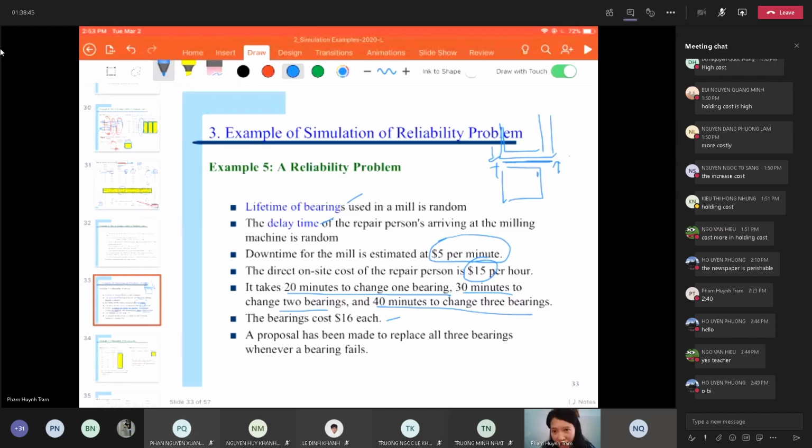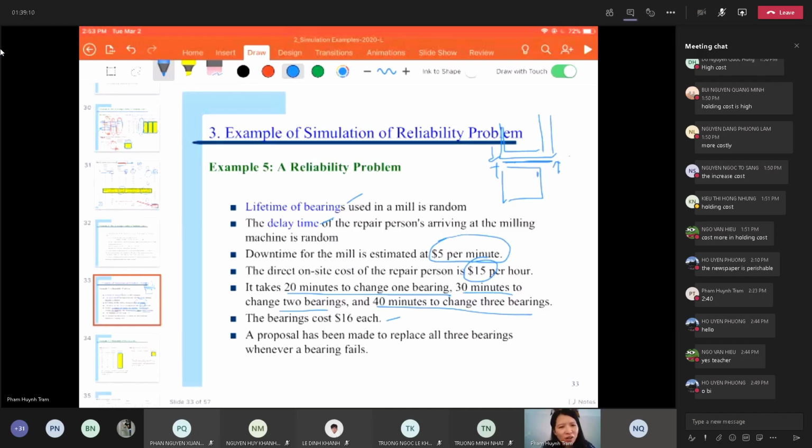If we save time, of course we have to pay for the new bearings, because the other two haven't failed yet but we replace them with completely new ones. So we have to suffer that cost. But we have to judge whether it will benefit us more or not.